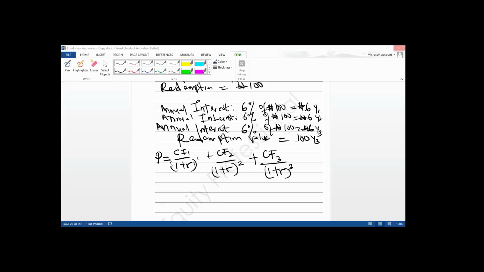Just 1 minute. We are trying to increase the margin so that we can continue.